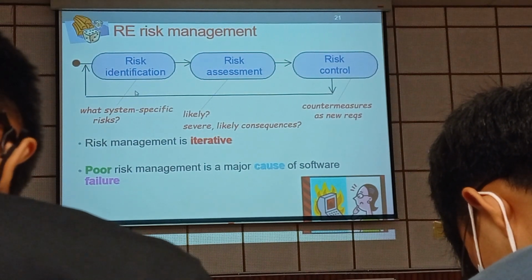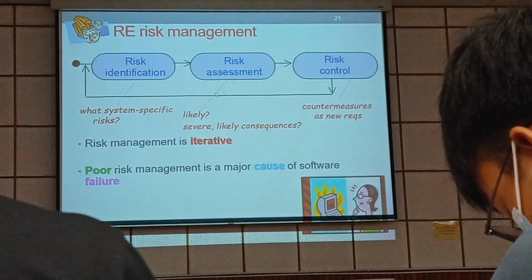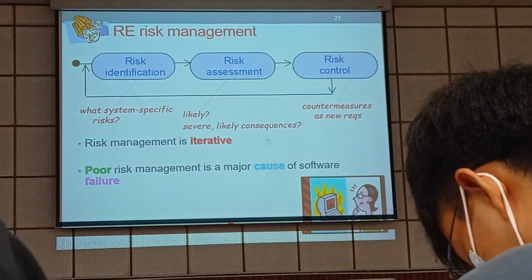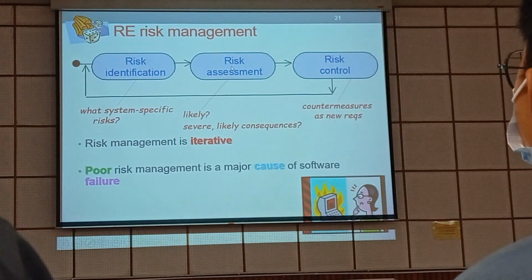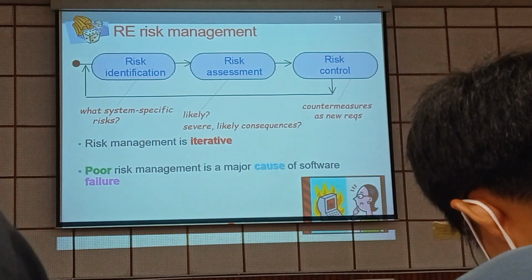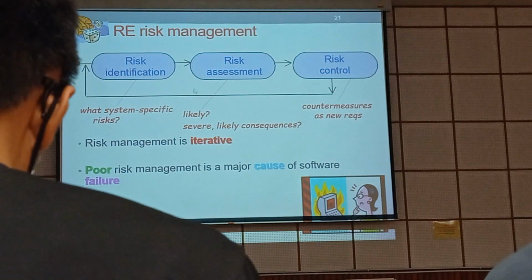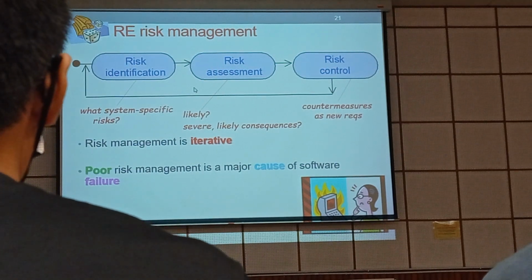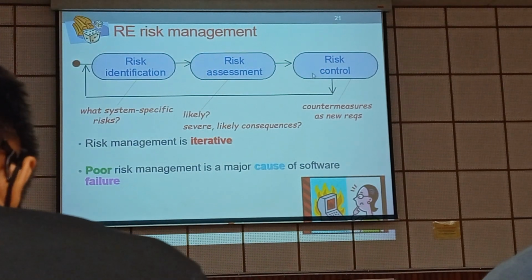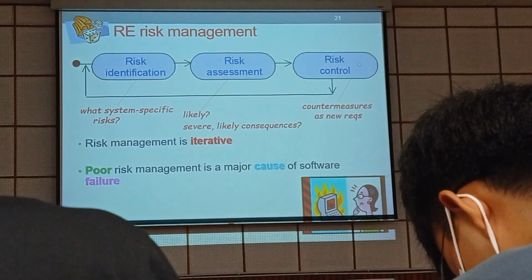First identify the risk, then you find all the possible impact, the severity, the consequences. That is assessment. Come up with all the possible impacts and consequences. If you notice it is quite serious, then you need to take action to control.